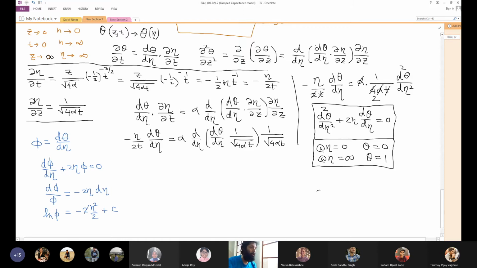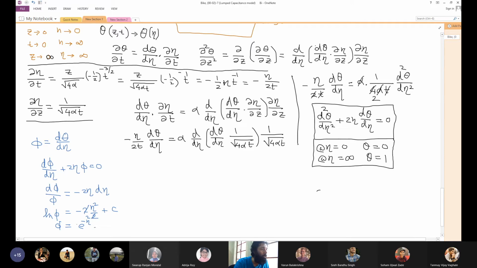So this 2 will cancel. This 4 that we kept for so long is for this reason, that it will cancel with this 2. So then phi equals to e to the power minus eta square times e to the power c.